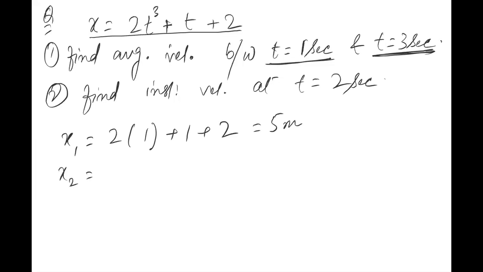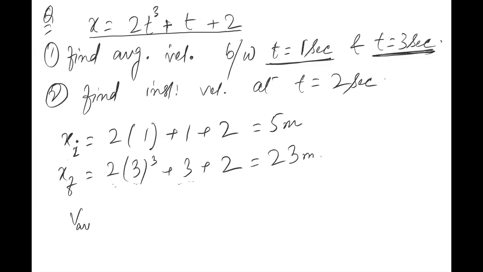What will be x2? That means the final position. Either you call it 1 or 2, doesn't matter. You have to just keep it in your mind. This is the initial position, and for the final position t would be equal to 3. So 2 into 3 cube plus 3 plus 2. So 18 plus 3 is 21, 23 meters.